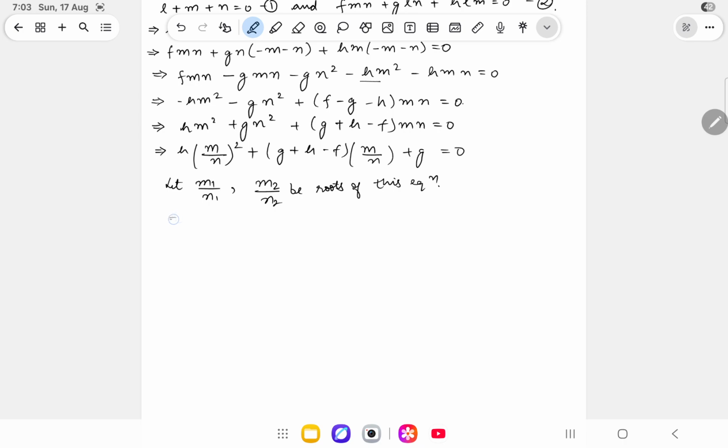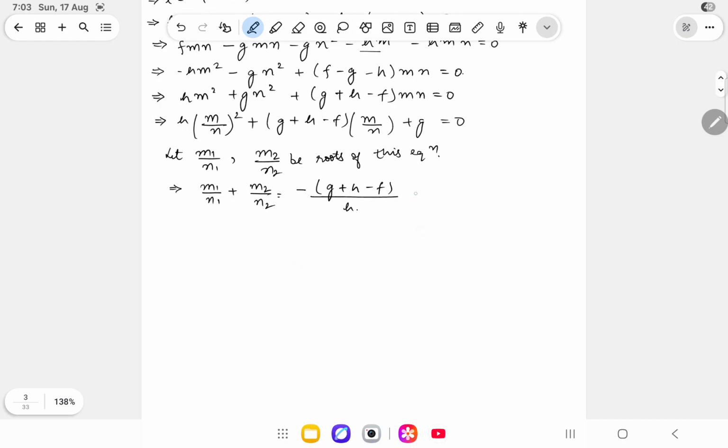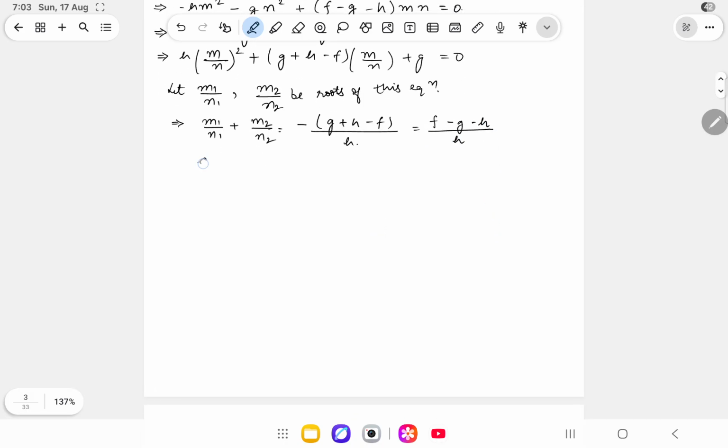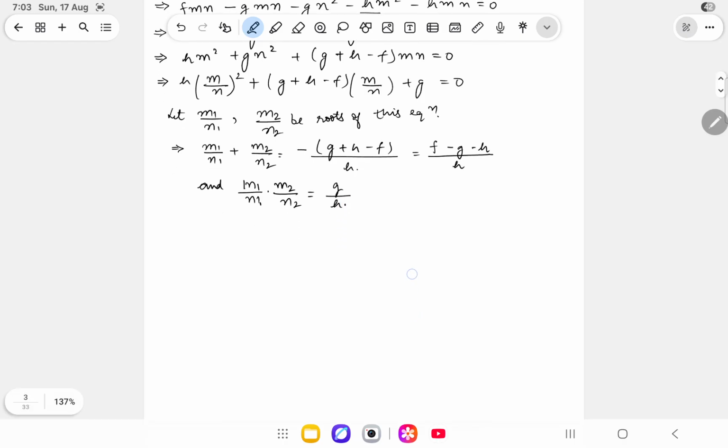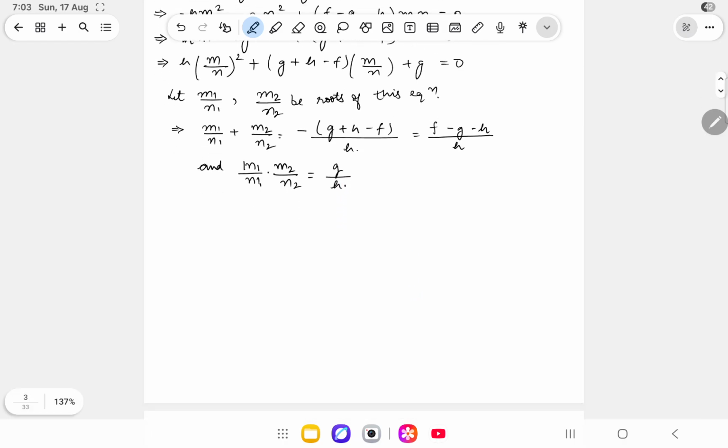So from here I will get m1 by n1 plus m2 by n2 equals minus the coefficient of m by n, which is g plus h minus f, upon the coefficient of m by n square, which is h, which is equivalent to f minus g minus h upon h, and the product m1 by n1 into m2 by n2 is equivalent to g upon h. So using this I can easily calculate.